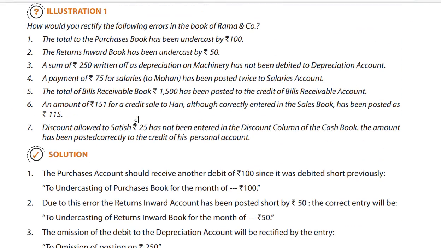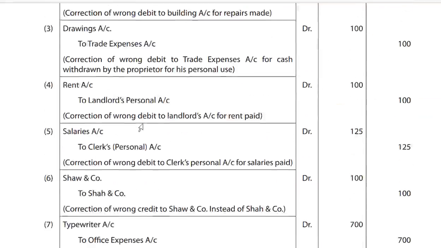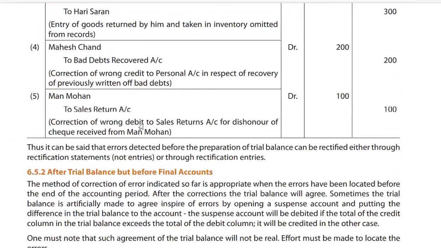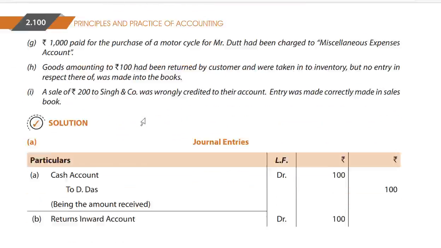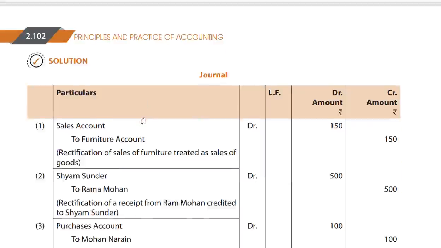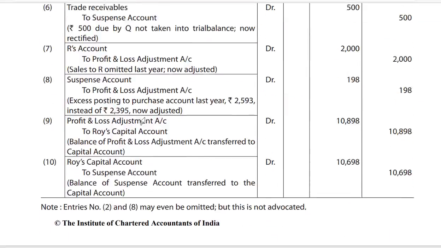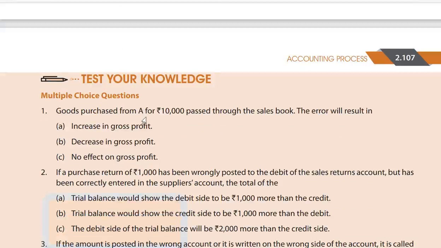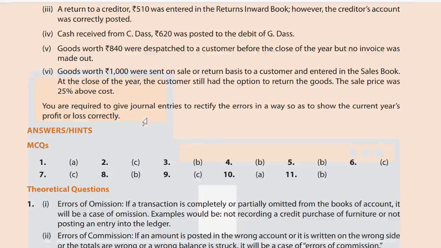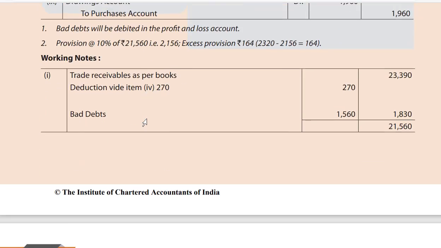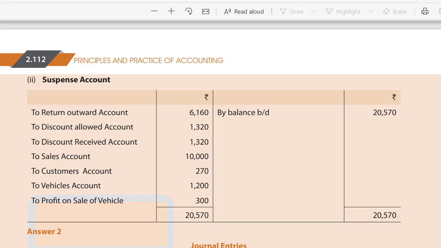All the three methods, that is step 1, stage 2, stage 3, everything is covered. All the illustrations are also covered. The practical questions are also covered. Examples are also covered. And at last, we had also done the MCQs as well as theoretical questions along with the practical questions. So I think it is clear to all of you now.